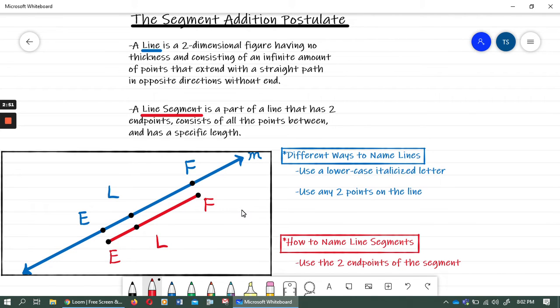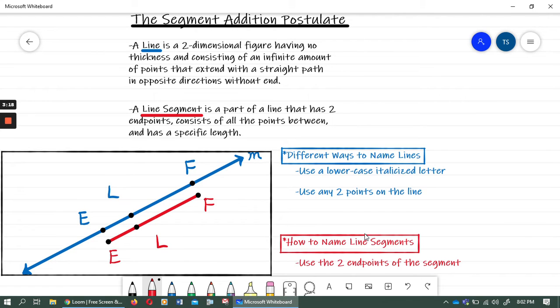But just in case someone was wondering what exactly that looks like, or did not understand how lines and line segments are named and how those names are written, we're going to go through that real quick.